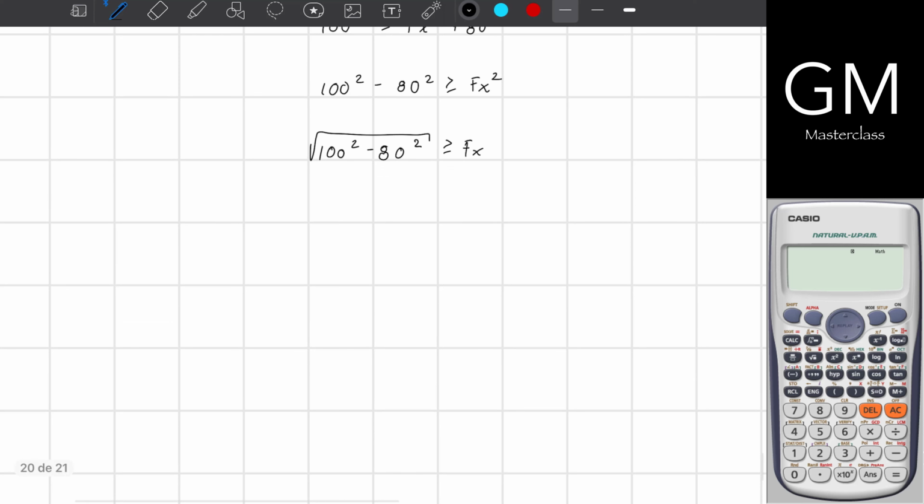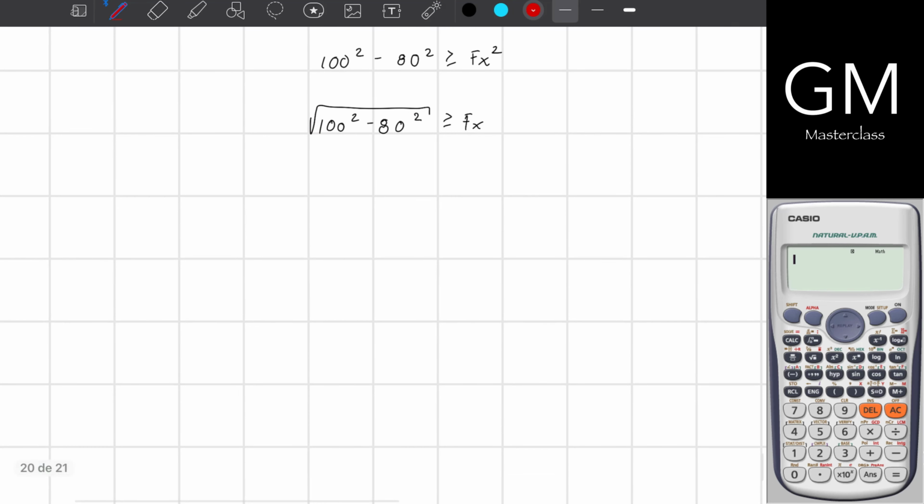All right, remember that right here we have two different symbols. When we are using a square root, that means that I need a number that, by being multiplied by itself, gives the result of what I have right here. For example, the square root of 4 is equal to 2, since 2 times 2 is equal to 4.